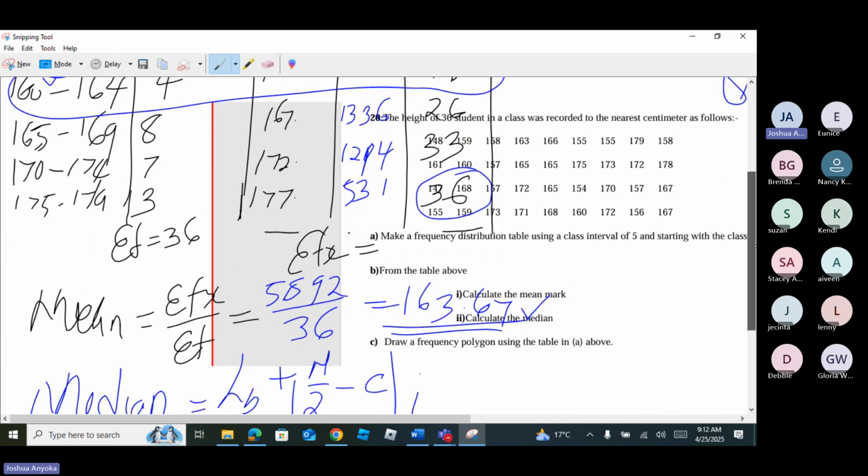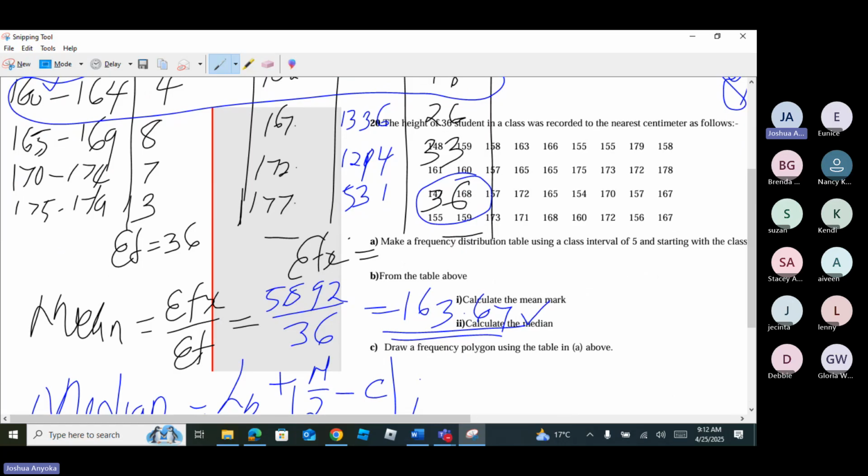And the last class is 175 to 179. So there is another class that has a frequency of 0, which is 180 to 184. We need those classes when we want to draw a frequency polygon. That's where we want to start from.